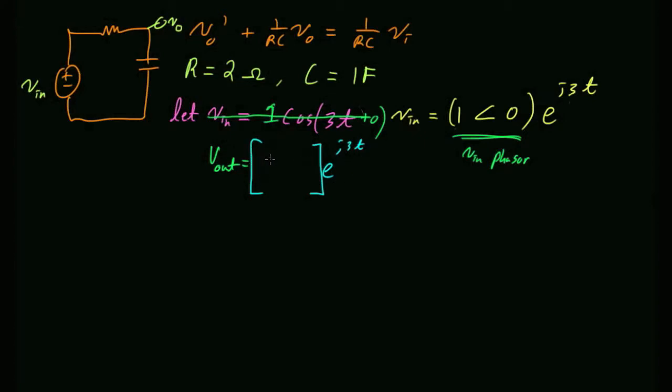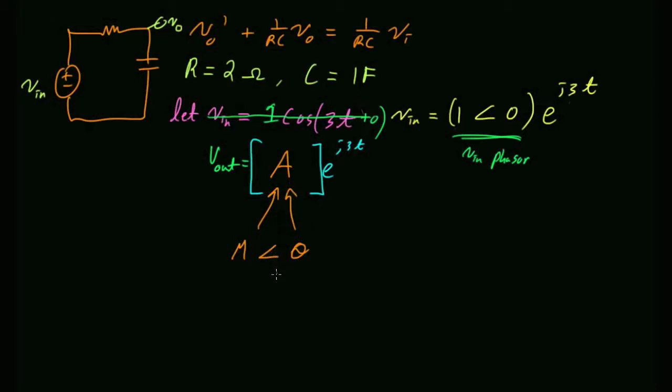So let's call this V out, and let's call this A, where A has got some magnitude and some phase that I would like to know.